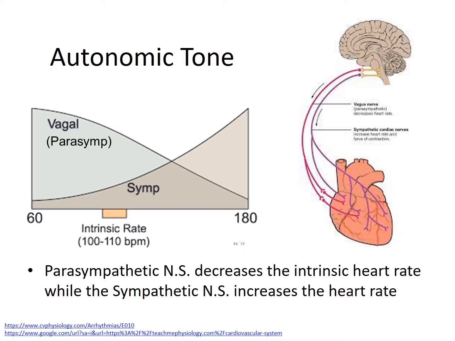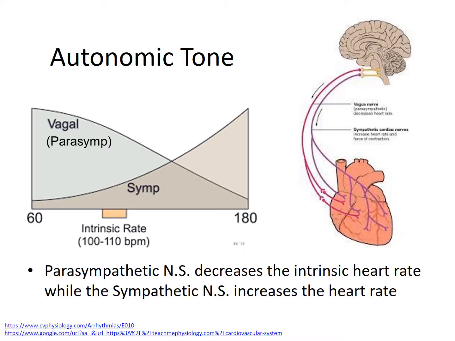However, the parasympathetic frequently decreases the autorhythmicity heart rate of the heart and lowers it, because the parasympathetic nervous system tends to reduce the normal autorhythmicity rate of the heart.